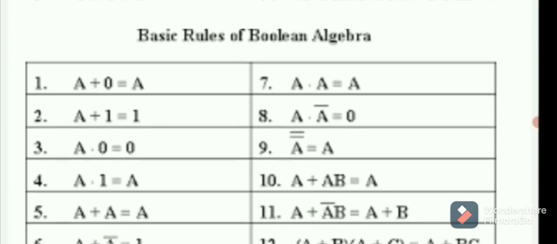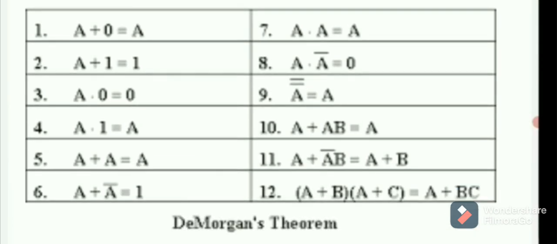This is a summary of the laws of Boolean algebra. A or 0 equal to A, A or 1 equal to 1, we get the OR law. A.0 equal to 0, A.1 equal to A, we get the AND law. A or A equal to A, and A or A bar equal to 1 for the OR law.